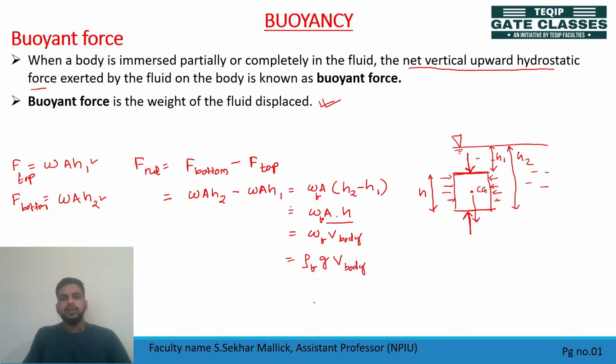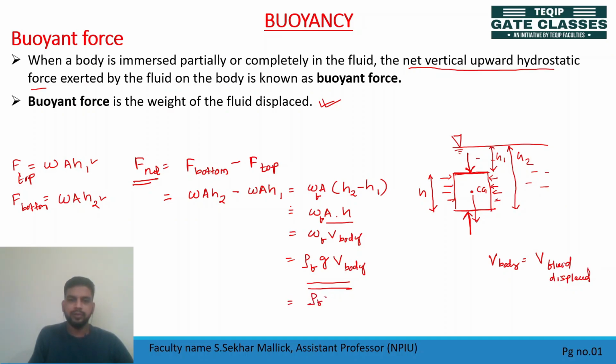So we found the net force acting upward is equal to rho f g into volume of body. See here, in this figure the body is completely submerged, so the volume of body is equal to the volume of fluid displaced. So can I write this as rho f g times volume of fluid displaced? This is your net upward force, the buoyancy force.